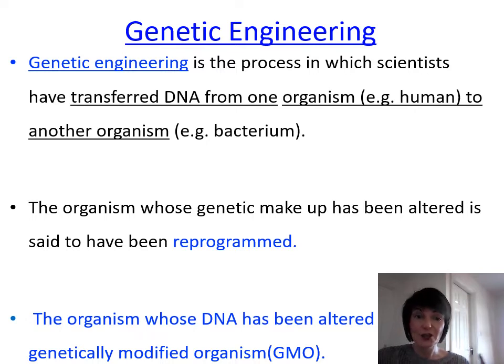The second bullet point is talking about the name that is given to an organism that has had its genetic material altered. The organism whose genetic makeup has been altered is said to be reprogrammed.